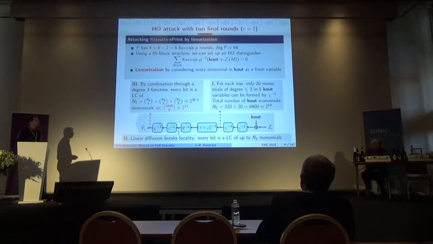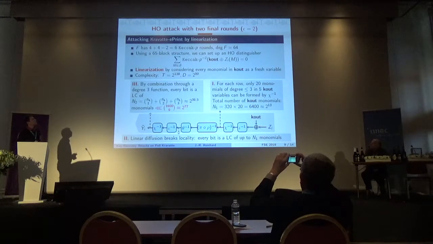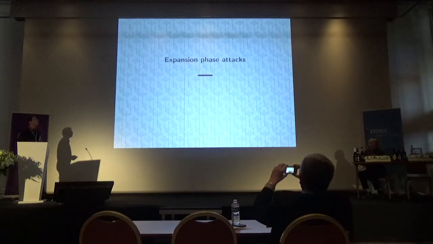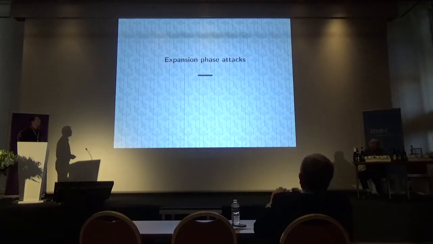Globally, you have 2 to the 36 possible monomials, which is far lower than the total number of degree 9 monomials, and this can be used to solve the system. This results in the following complexity for the attack on the last 2 rounds, for the e-print version of Kravatte, with a data complexity far lower than the one claimed in the security claim. So let's now move to the expansion phase attacks.